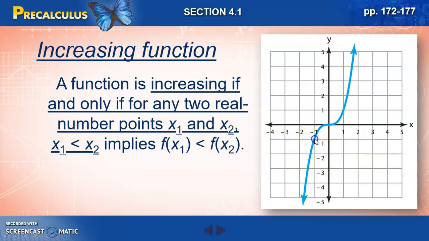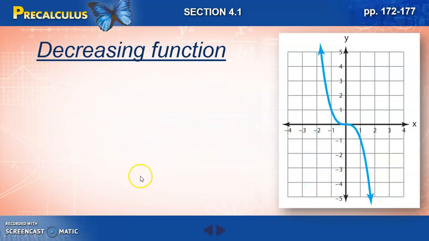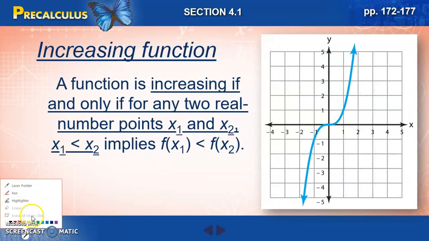So we could pick -1, for example, as our x1, and we could pick 1 as our x2. Again, we're moving left to right. And if we were to plug this in, we say -1 is less than 1. Yep, that's true. And does that imply that f of x1 is less than f of x2?